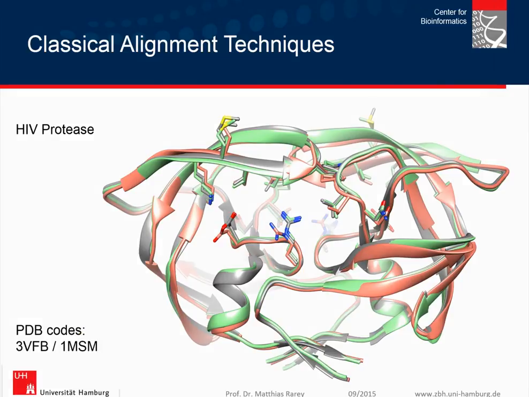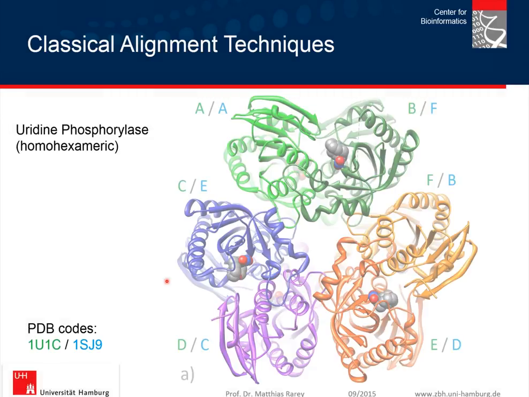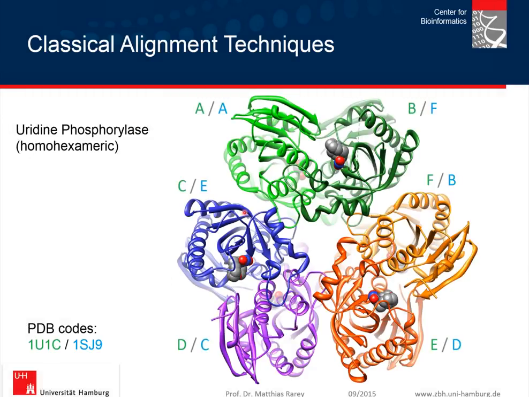The situation can be even worse. Let's take another example. Here's uridine phosphorylase. If you look at this structure, you see that the binding region is typically at the interface of two of the domains over here.